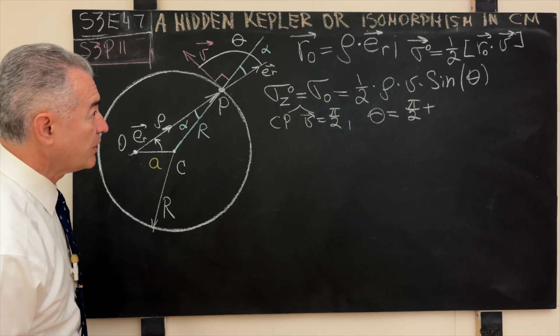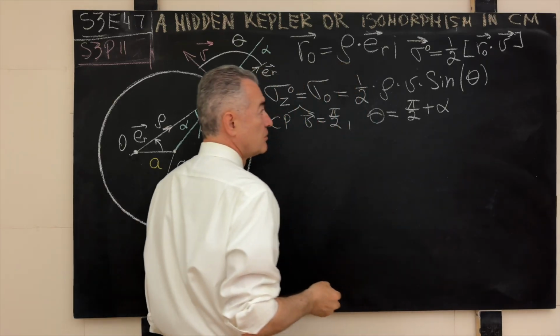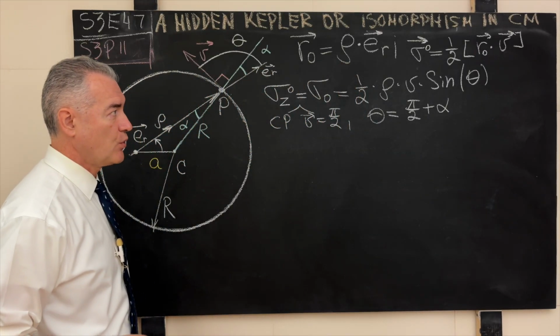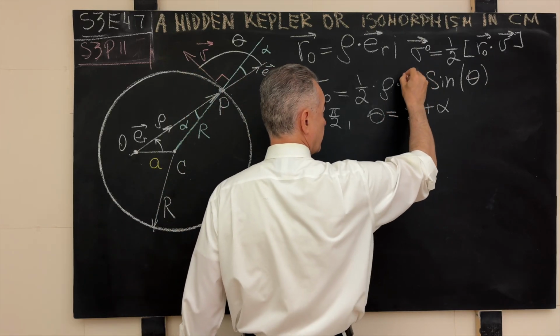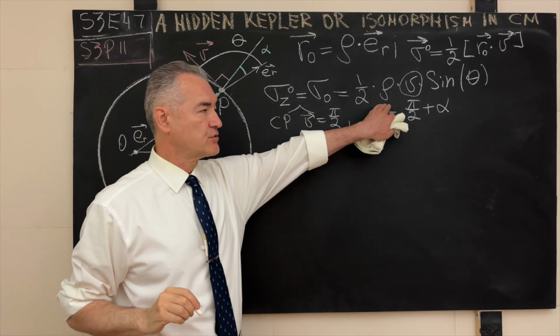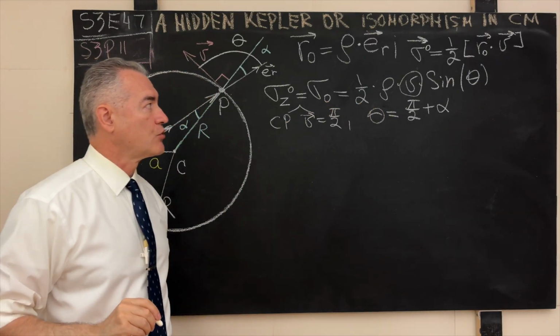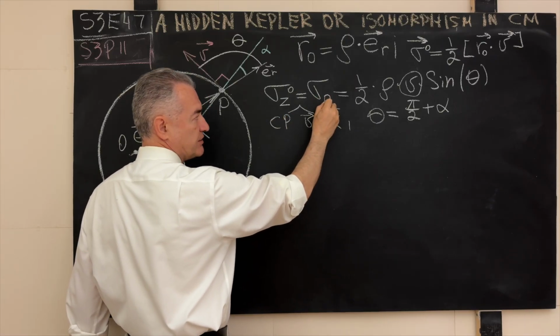So now that we have this relation with alpha, we can do one of two maneuvers. Look at this. We're asked to find the velocity of the moving point as a function of the distance rho. This formula already tells us that we are on the right track.